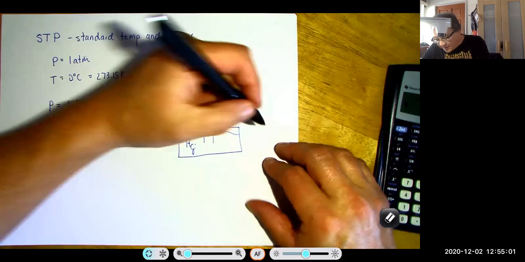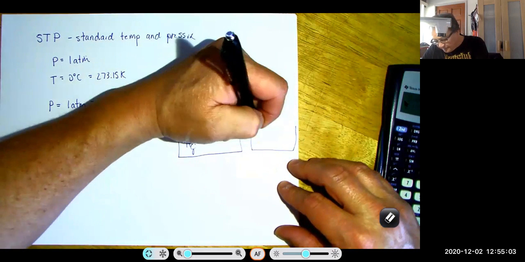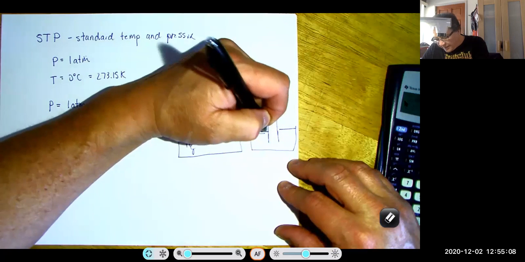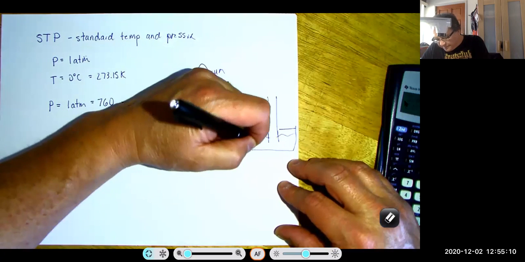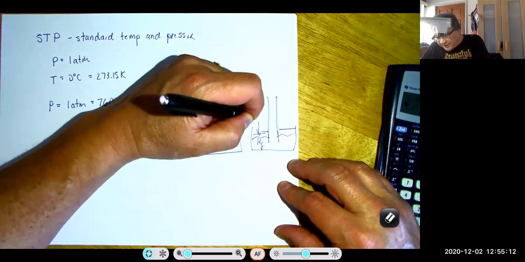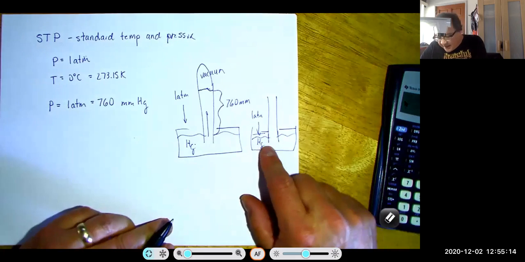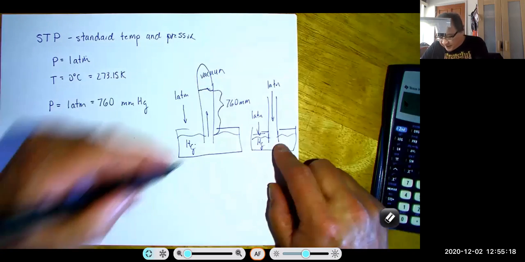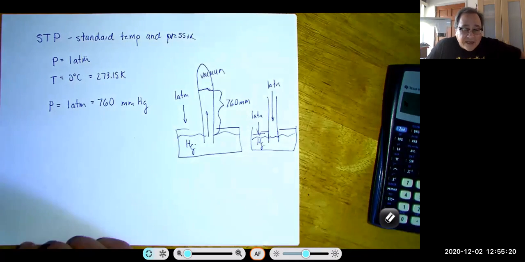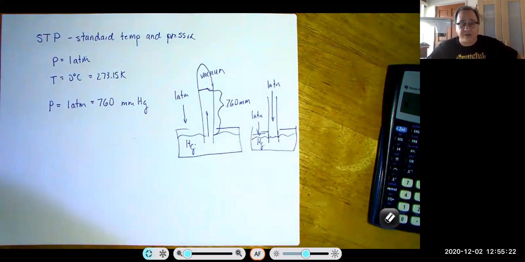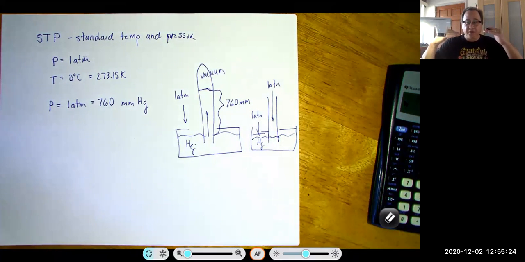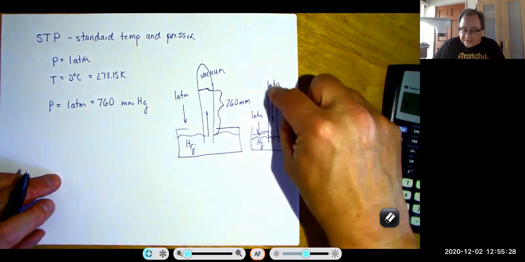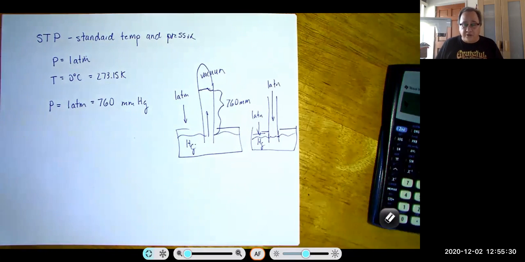Whereas if you had a container like this that had mercury in it, and you have 1 atmosphere pressing down on the outside and 1 atmosphere on the inside because it's open, the level of the mercury would be the same inside as it is outside because it's the same pressure. The only way to get that mercury to travel up is if the pressure coming inside the straw is smaller.